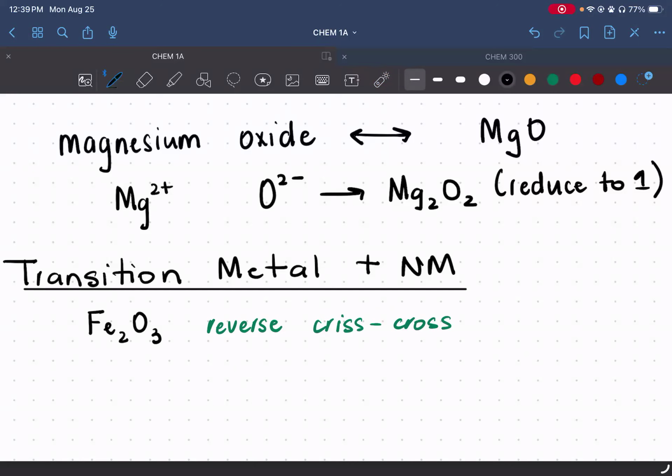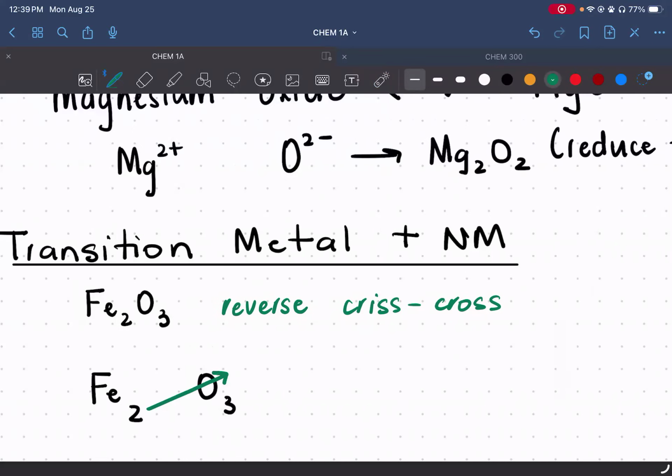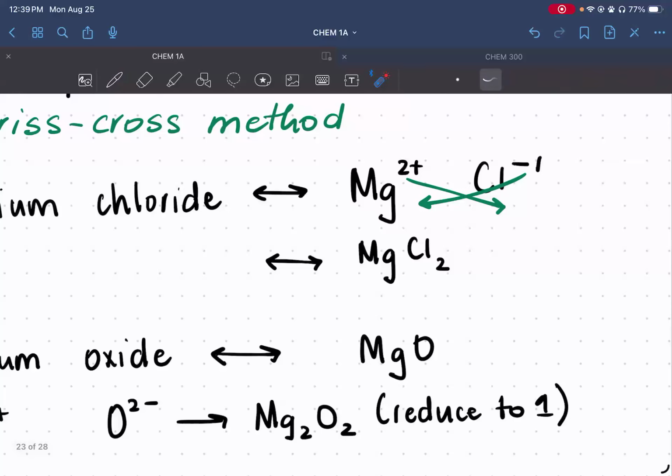What does that mean? Well, looking at the iron and the oxygen, we have iron 2 and oxygen 3. Look what we're going to do. We're going to crisscross, but reverse. Remember earlier, what we did was we sent those face values down.